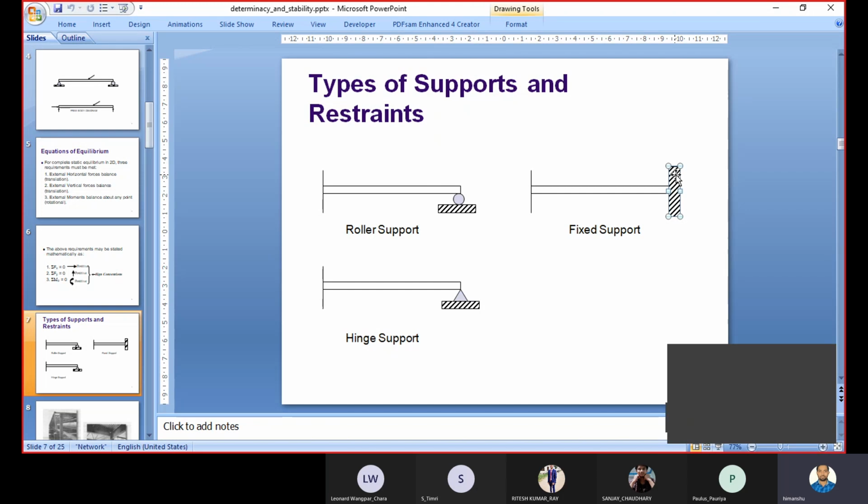So there will be three types of reactions if we talk about a 2D structure, and six types of reactions if we talk about a 3D structure. One is in the vertical direction, one is horizontal, and another is about the third axis, which is moment.